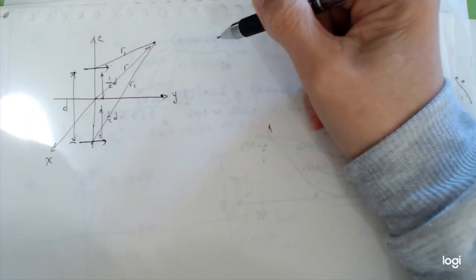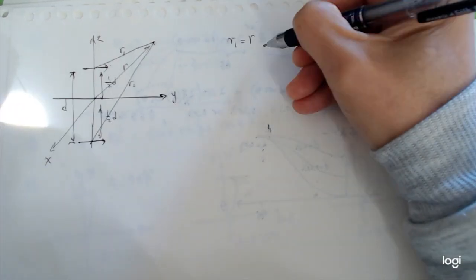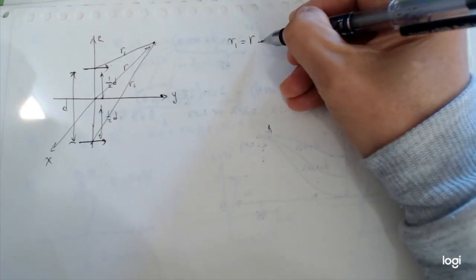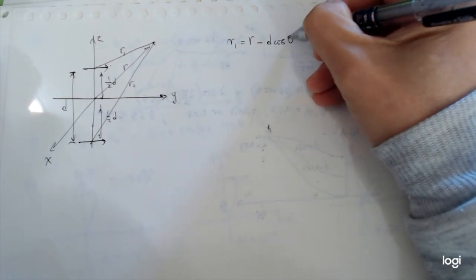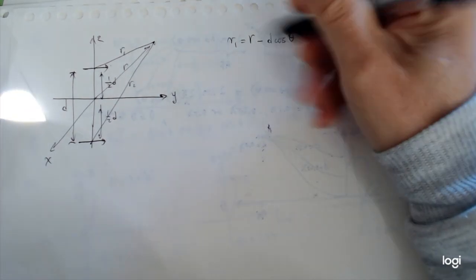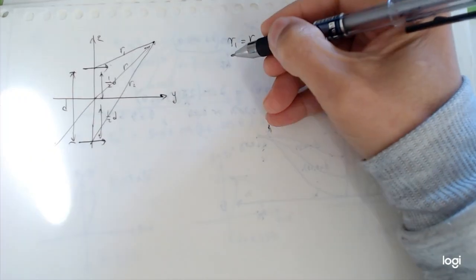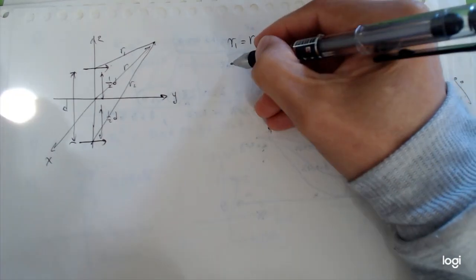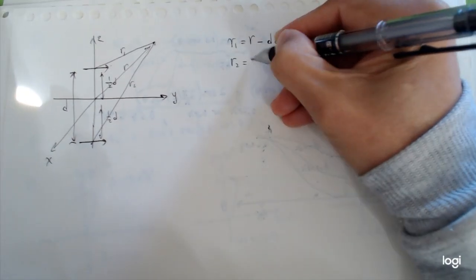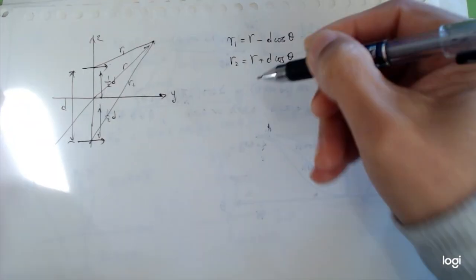And previously we have already learned R1 is equal to R plus minus D cosine theta. And R2 is R plus D cosine theta. That's what we have learned.